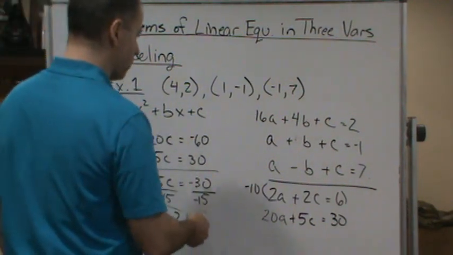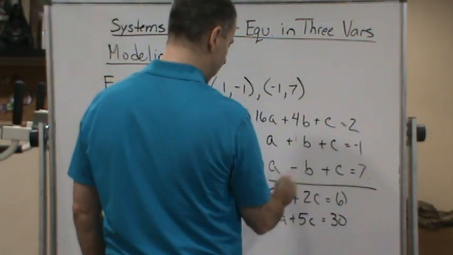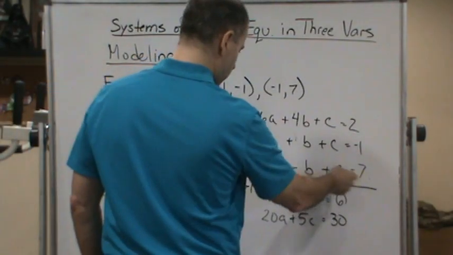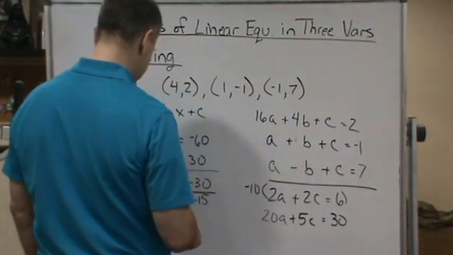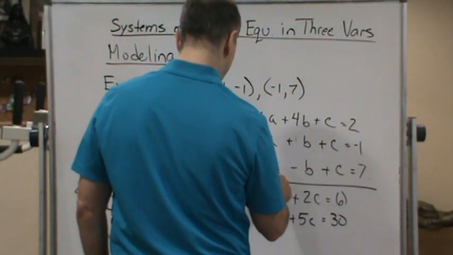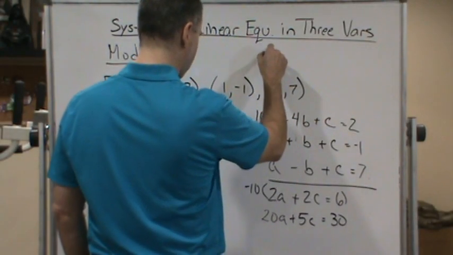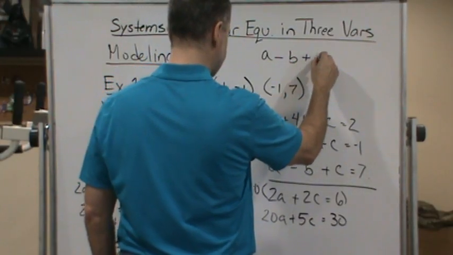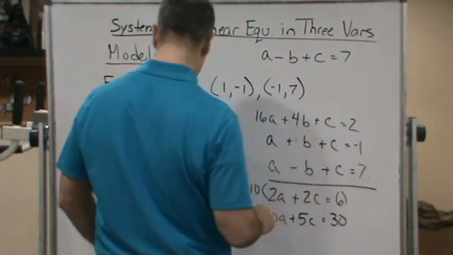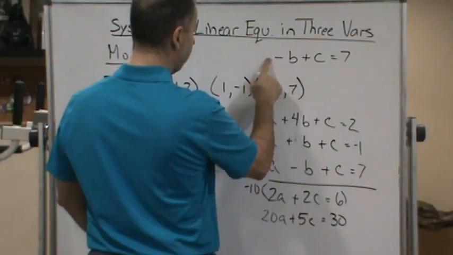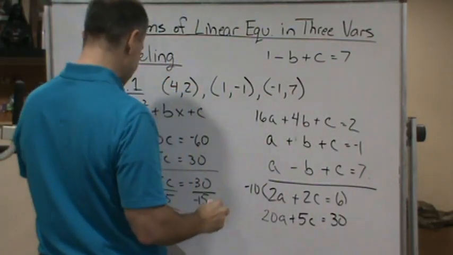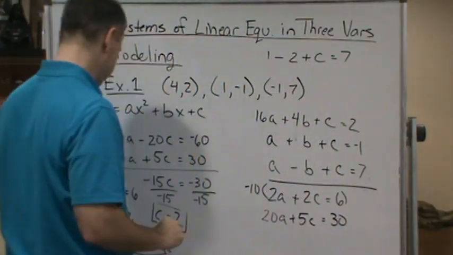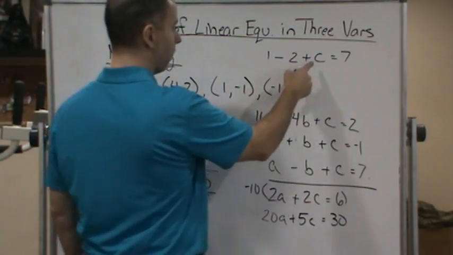Now all I have to do is go back to any of the three equations and plug in a and c. So I'm going to use the easy one, which is this one. So a is 1, so I'm going to do a minus b plus c is equal to 7, where a is 1, b is 2... now I just have to solve for c.